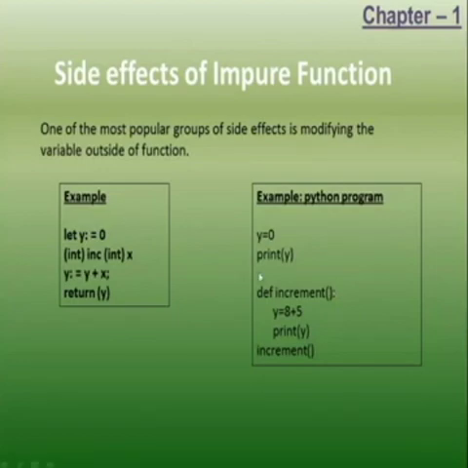Everything will be explained in detail in later chapters. It is given here just as an example. y = 8 + 5. So the value of y is changed here, and we are asked to print the value of y. inc(), open bracket, close bracket. This is said to be the function call. Here the function is called. So the control will go here, and the definitions will be executed.